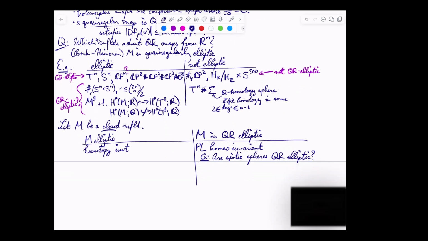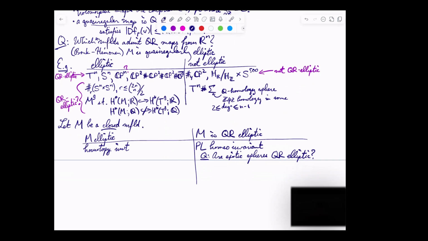Okay, what else do we know about these spaces? It turns out there are a bunch of topological obstructions to being both elliptic and quasi-regularly elliptic. So maybe I'll even erase this middle bar of this table, because the next few entries are going to be the same.